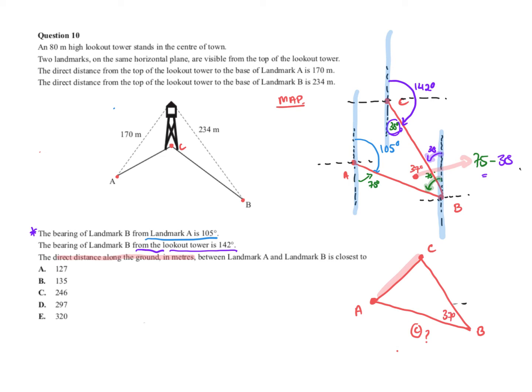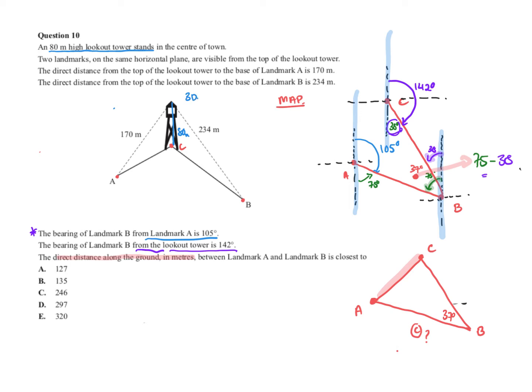All right, so we must be able to get some other things. We've only got angles in here, so there must be a way to get some other side lengths. Up here, they told me that the tower is 80 meters high, so here I know that this is 80 meters. This is like a 3D diagram.